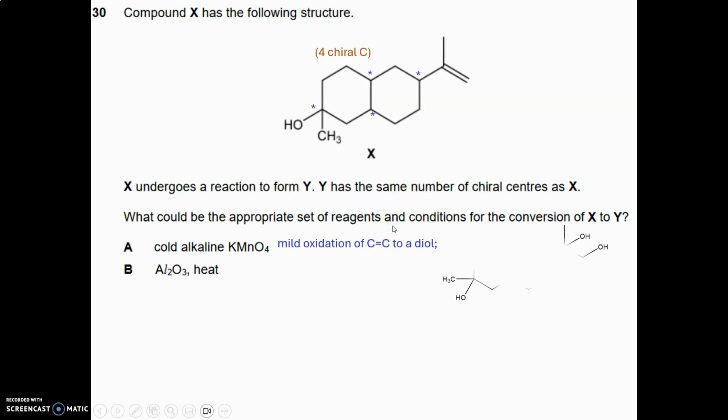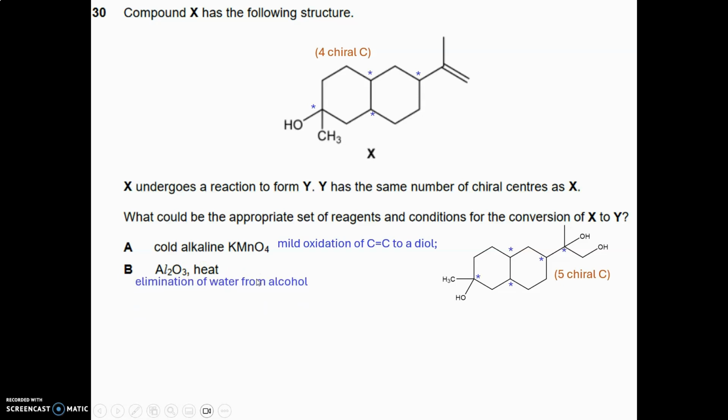When this happens, it forms this diol as a product. The number of chiral centers now becomes 5. So there is an increase in number of chiral centers. Next, Al2O3, heat.